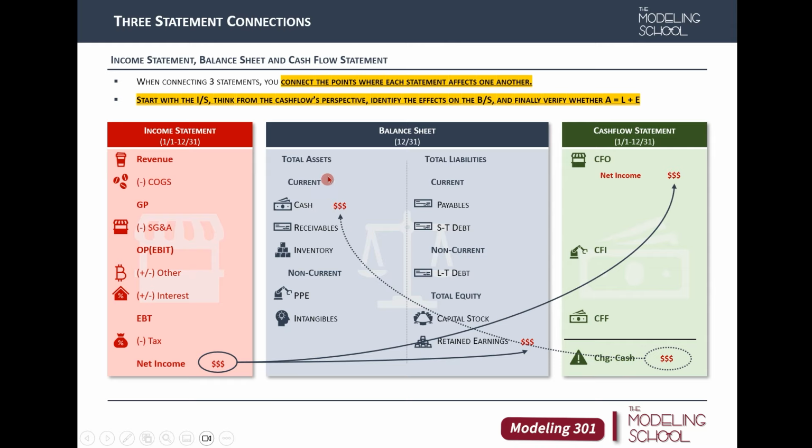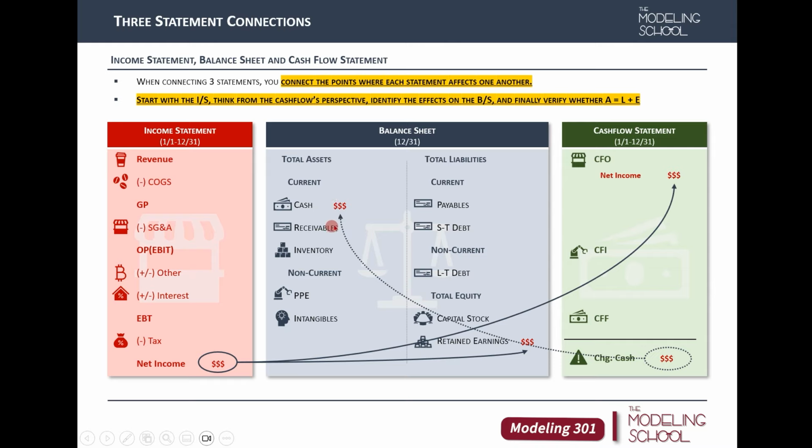So you can see that the income statement and the balance sheet are connected by net income and retained earnings. The income statement and the cash flow statement are connected by net income and cash flow from operations. The cash flow statement affects the balance sheet with its changes in cash affecting the cash balance in the balance sheet.